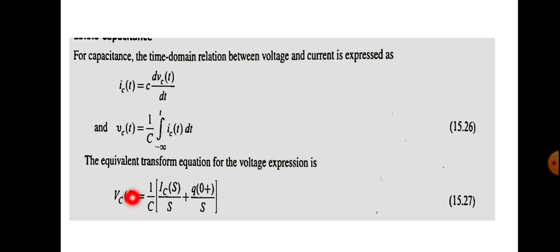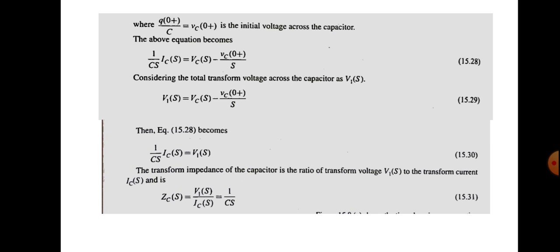We can rearrange this equation. The term Q of 0 by C is equal to Vc of 0 plus, which is the initial voltage across the capacitor. When rearranging, we get 1 by Cs times Ic of s equals Vc of s minus Vc of 0 plus divided by s.